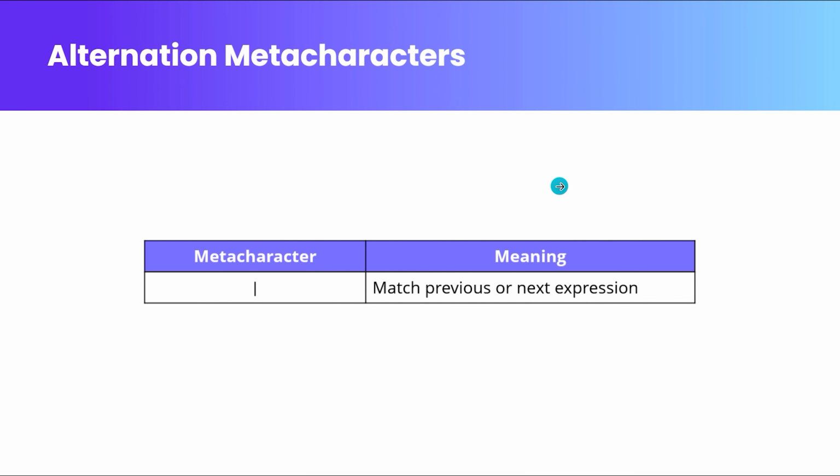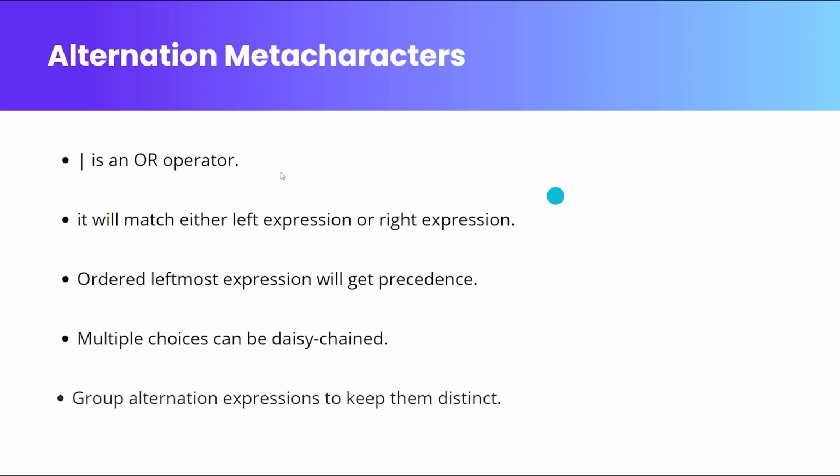Alternation meta character is represented through the pipe sign. Here you can see it will match the previous or next expression, and basically it works as an or operator. It will match either the left expression or the right expression, and the leftmost expression will get precedence.